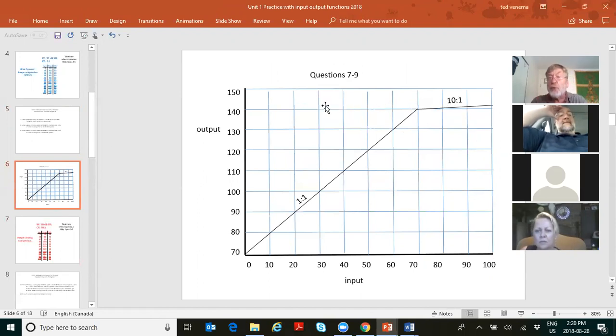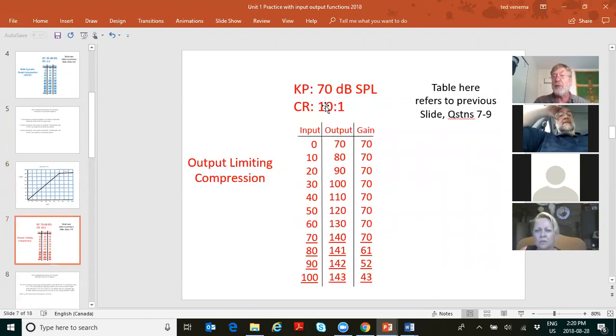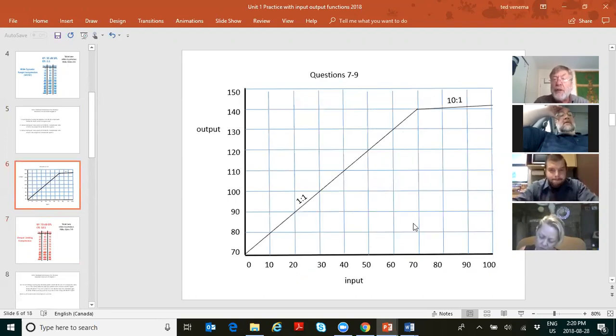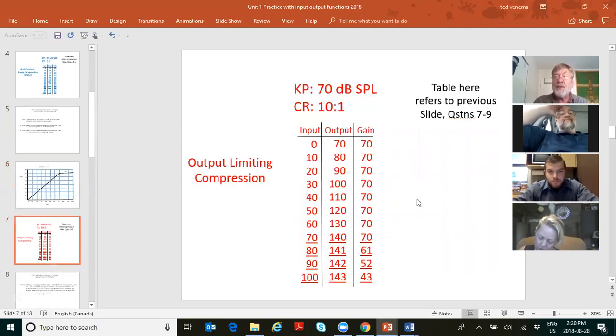So now let's look at our table. 70 in, 140 out. My gain is 70. But now let's look at 80 in, 141 out. What's the difference? 61.